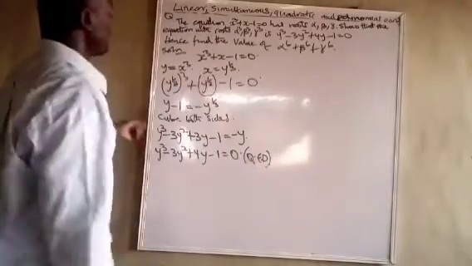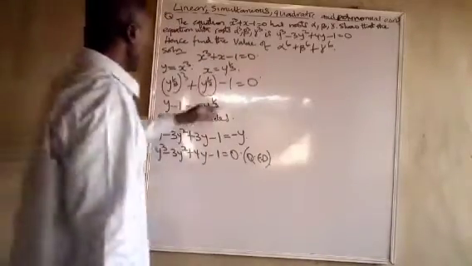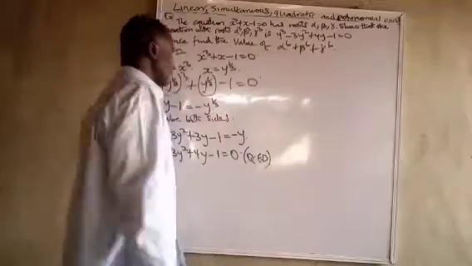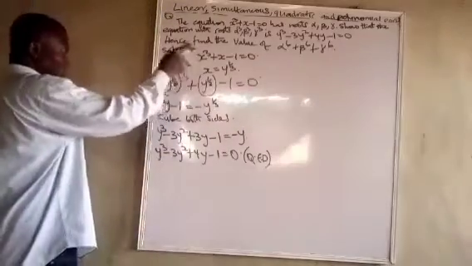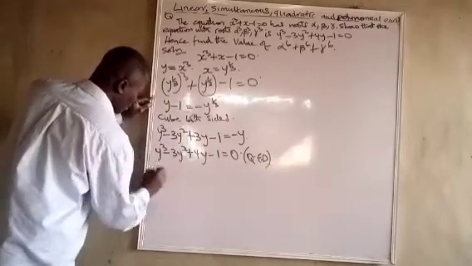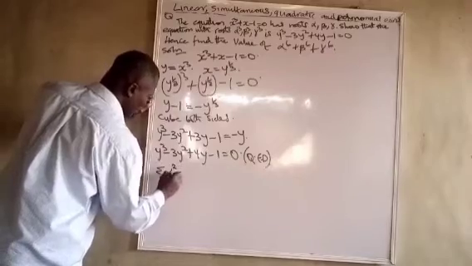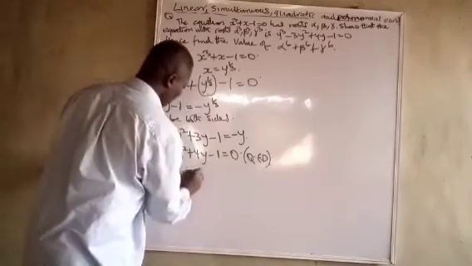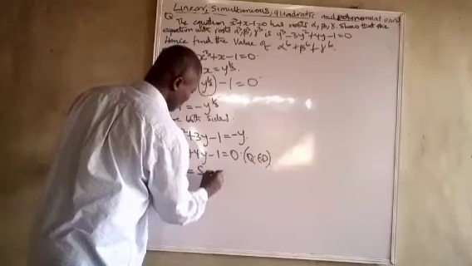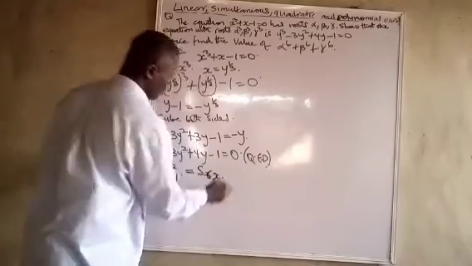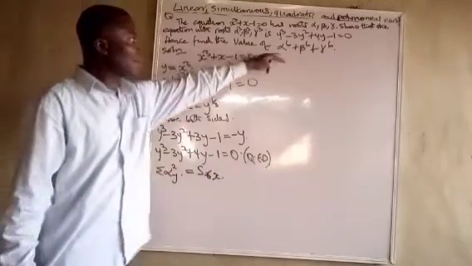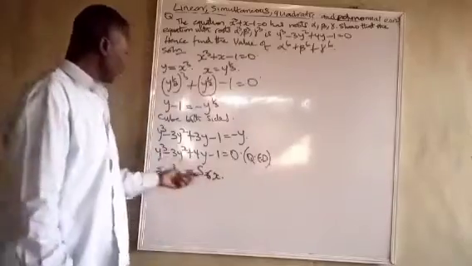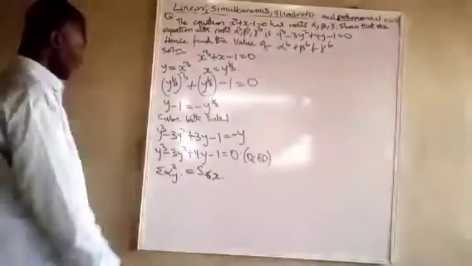So the next one says that we should find the value of alpha raised to power 6, beta raised to power 6, and gamma raised to power 6. And that is summation alpha squared y in this situation. So S6. Try to understand. So the sum of this one raised to power 6 is the sum of squares of this one.